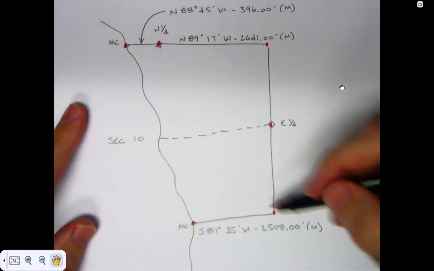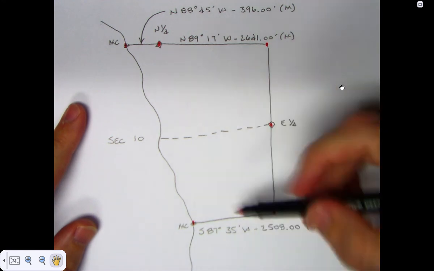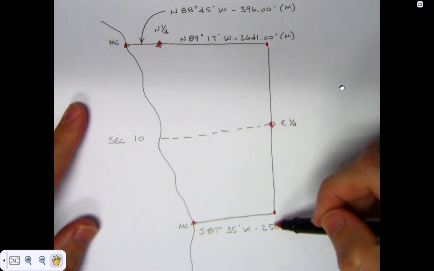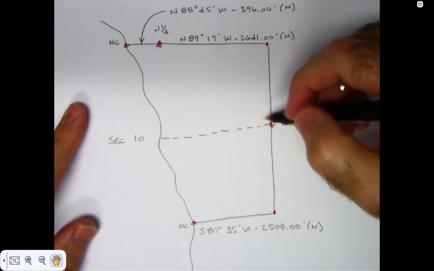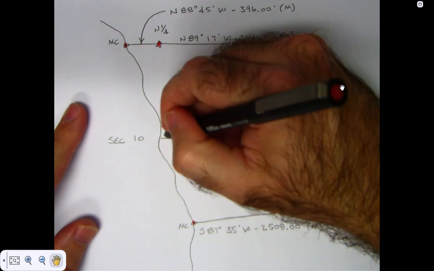Then from the southeast section corner to the meander corner we measure south 87 degrees 35 minutes west, 2,508.00 feet.